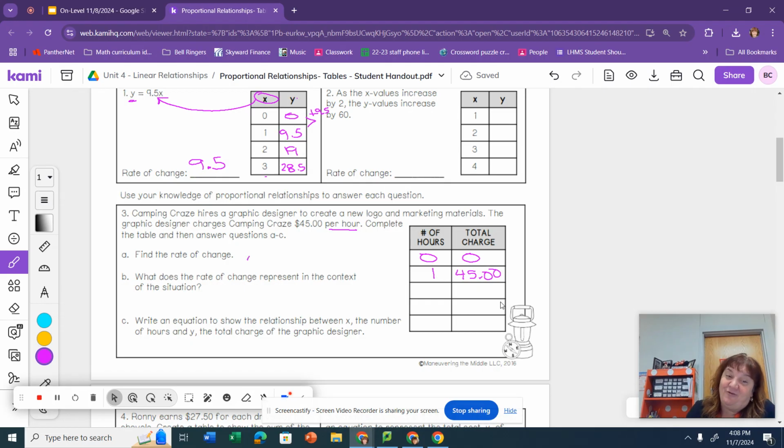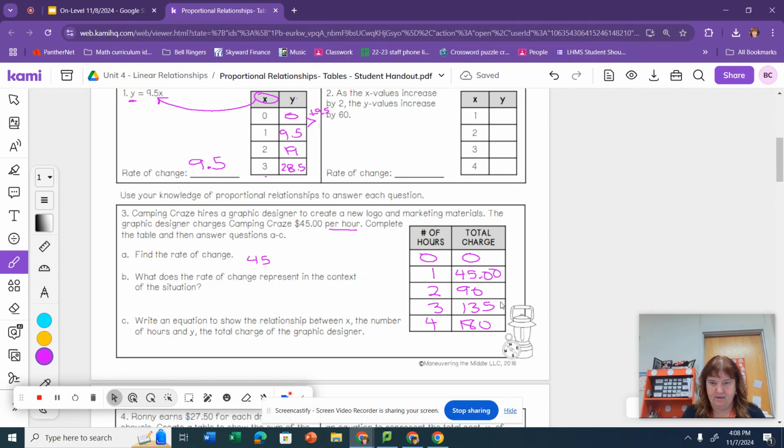Did you answer 45? You would be right if you did. Now, let's try to finish this table. So 2 would be 90, and 3 would be 135. And 4 would be 180.